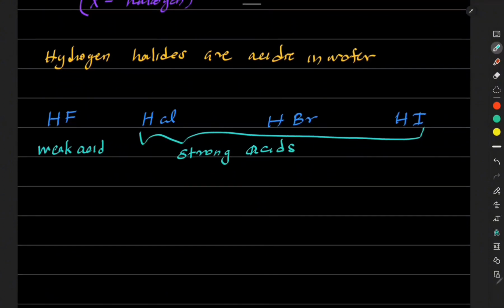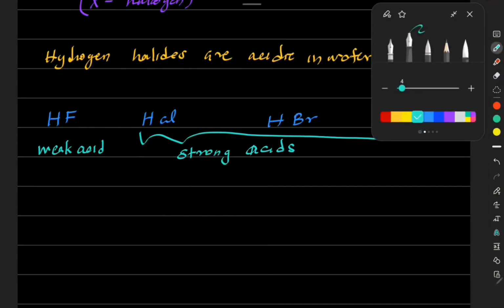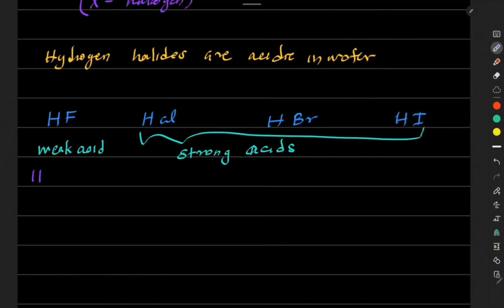HF is a weak acid and it has high bond energy. It forms a strong covalent bond. The reason for this is the strong covalent bond, which gives high bond energy.